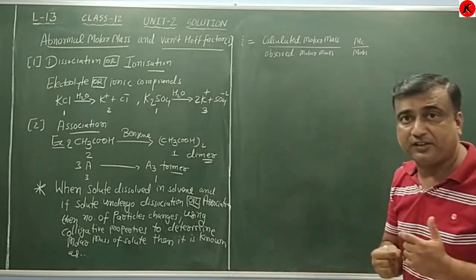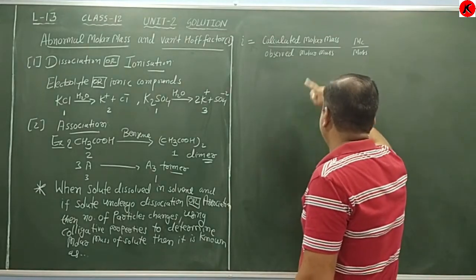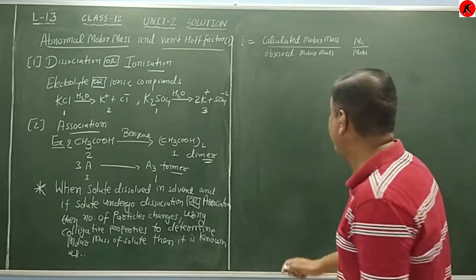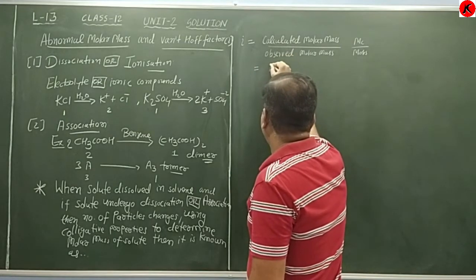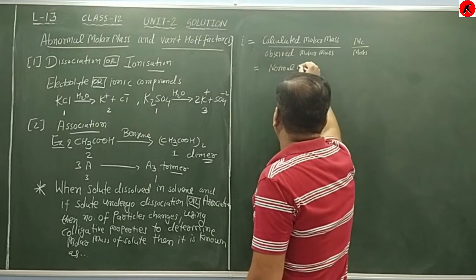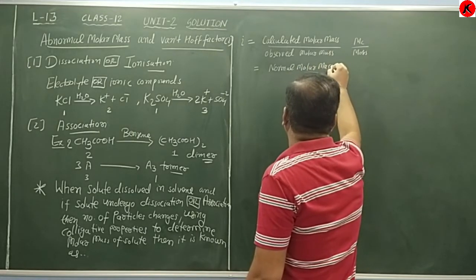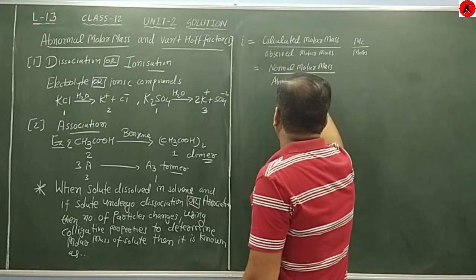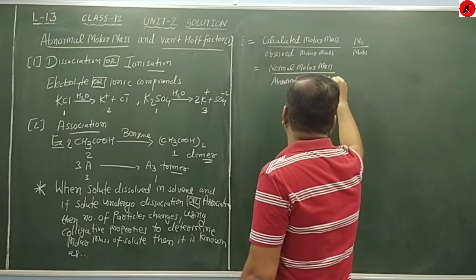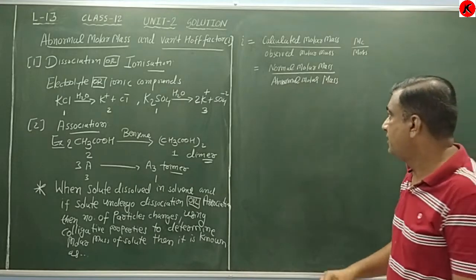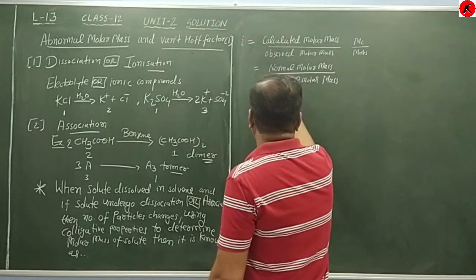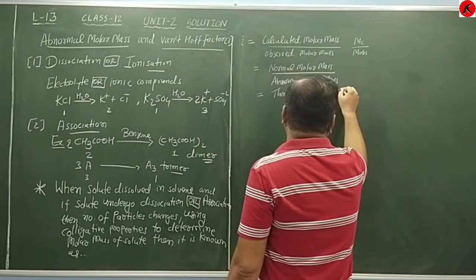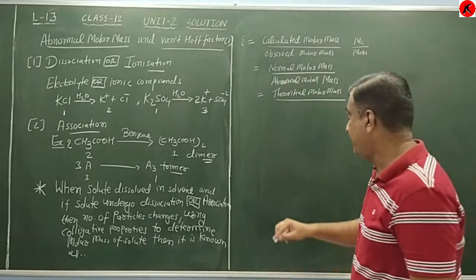Calculated molar mass means theoretical or normal molar mass, and observed molar mass means experimental molar mass, otherwise abnormal molar mass.